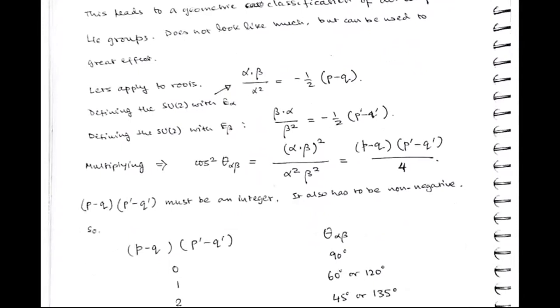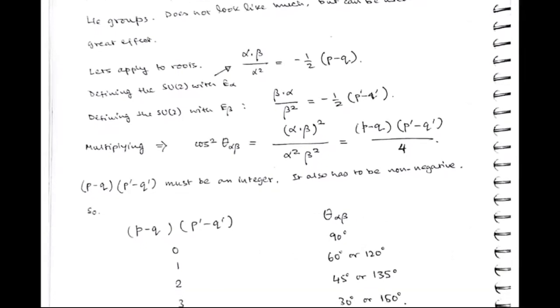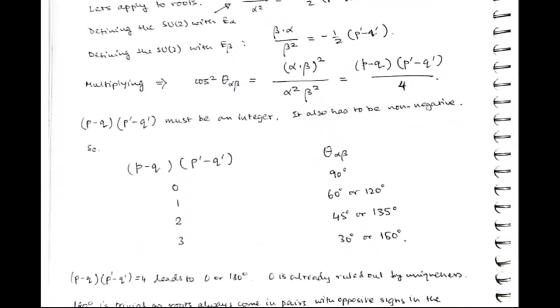There are only 4 interesting possibilities for the angles between the roots. This can be equal to 0, whereby theta of alpha beta will be equal to 90. This can be equal to 1, where theta of alpha beta is 60 or 120. It can be equal to 2, where theta of alpha beta is 45 or 135.